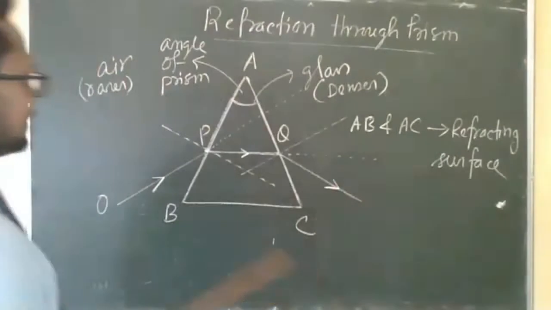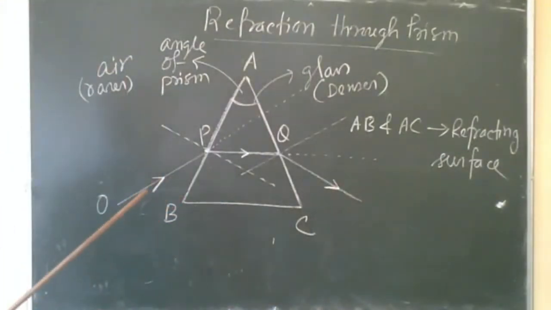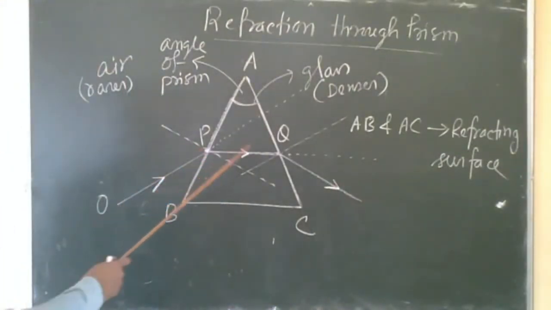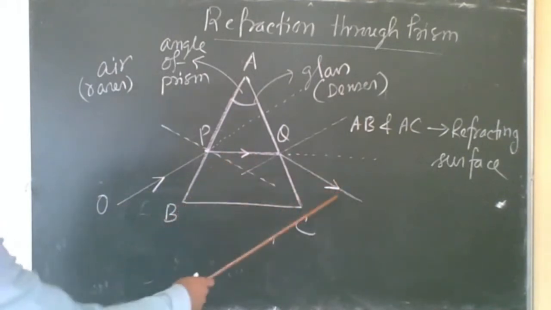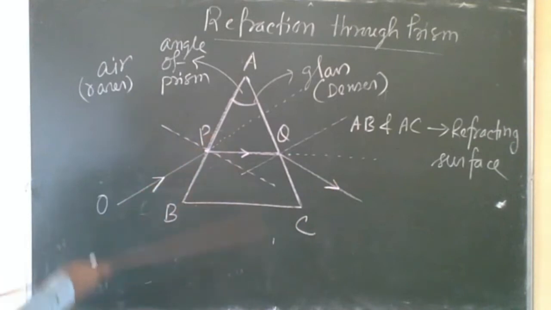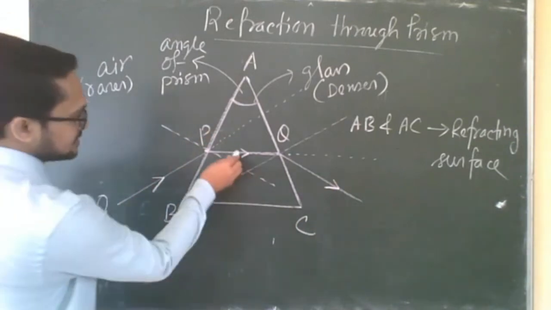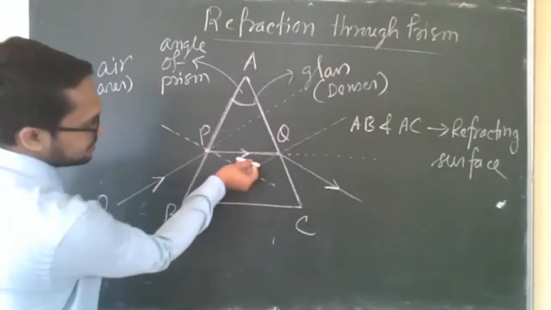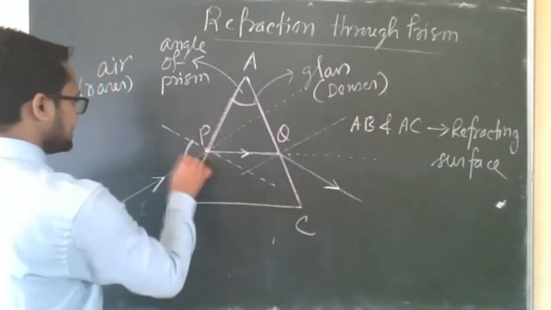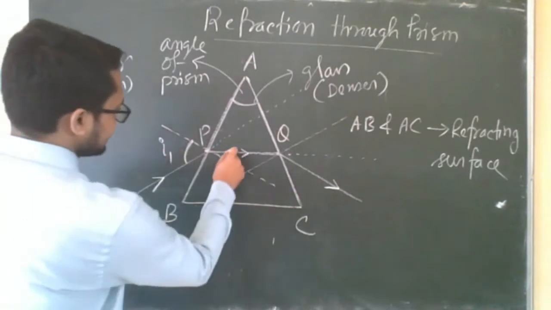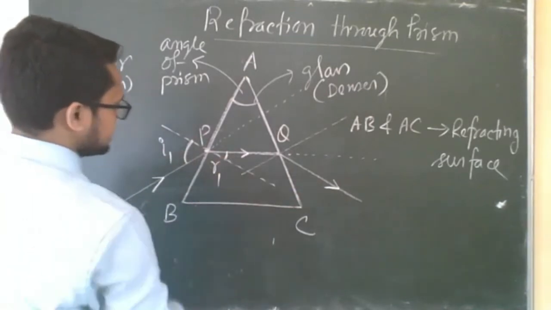Now, if you look at the ray diagram, you will see that in both cases, refraction here and refraction here, the light is bending towards the base of the prism. This is the incident angle I1. This is the refracted angle at the first surface.